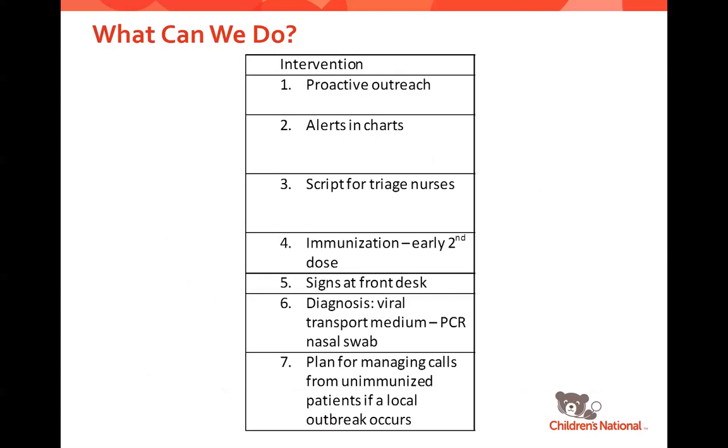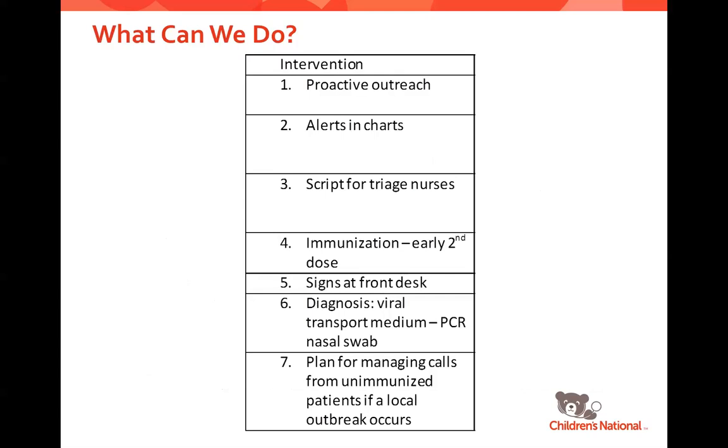They are, I think, working on putting some alerts in charts, so that if there's a child who comes in who is not up to date, it is going to be flagged right away. So maybe they'll put a mask on that child right away, as they're at higher risk for potentially having measles. They're going to be using a script for their triage nurses.